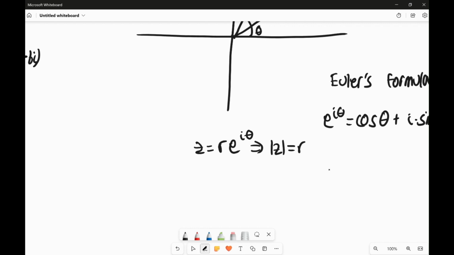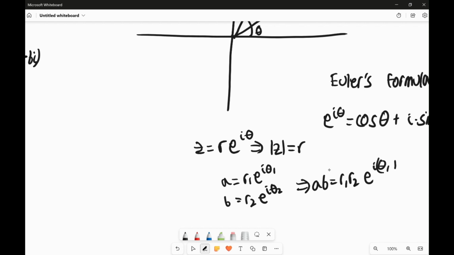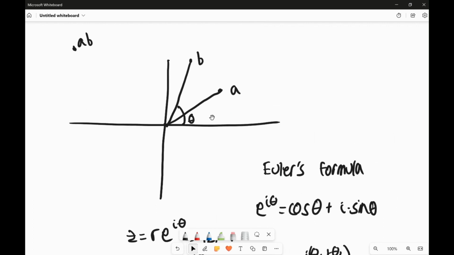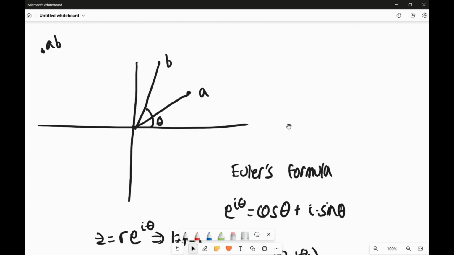Then if a is r1 e to the i theta 1, and b is equal to r2 e to the i theta 2, then that means that ab is equal to r1 r2, which corresponds to homothety, times e to the i times theta 1 plus theta 2, which corresponds to our rotation. So that's what's special about complex numbers and how they can be rotated.